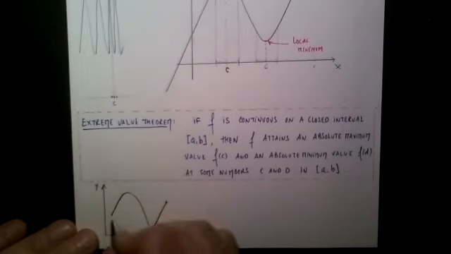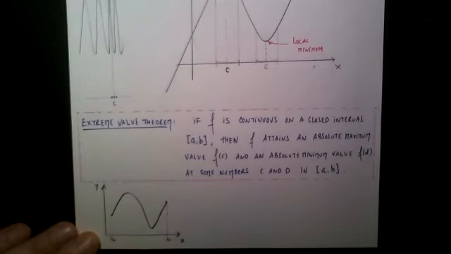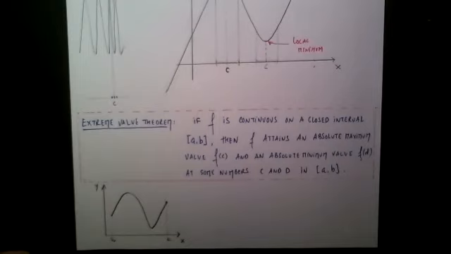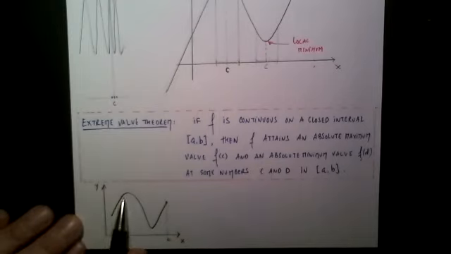Okay, so here's a function over AB. What the theorem tells me is that if the function is continuous, then for sure there is a maximum value and there is a minimum value to that function.